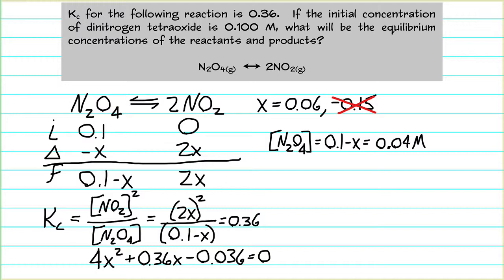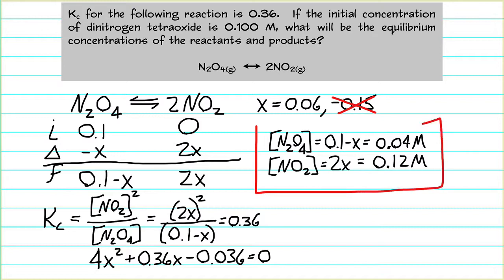And we said our equilibrium concentration of the nitrogen dioxide was going to be equal to 2x, and that is going to be equal to 0.12 molar. And those are our final answers. And that concludes this lesson.